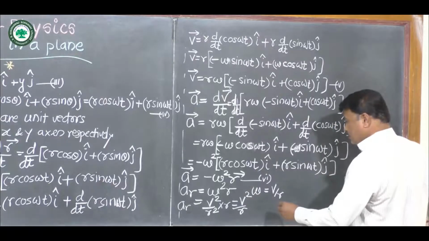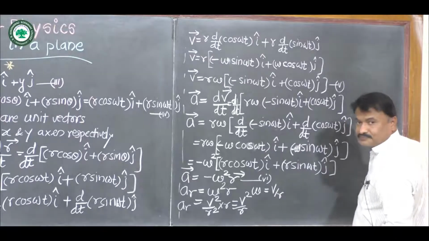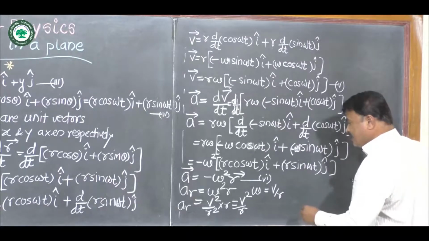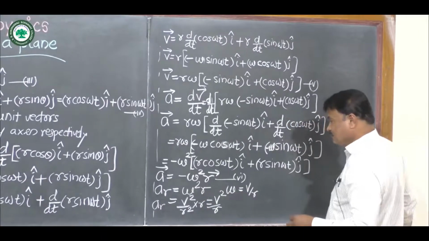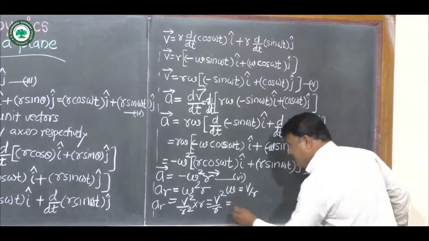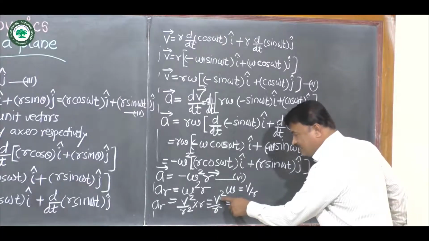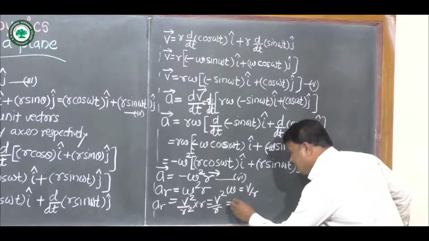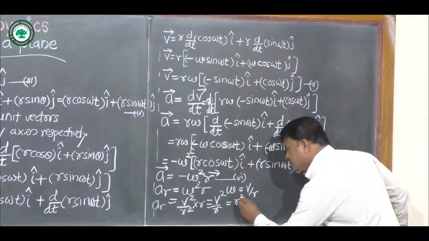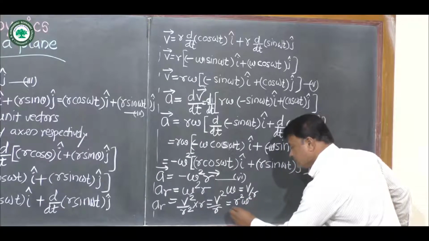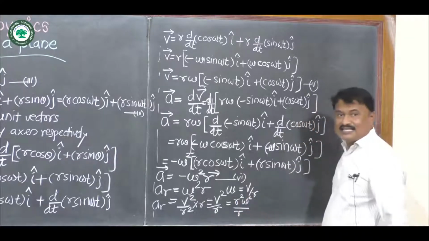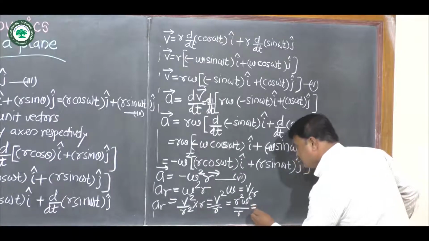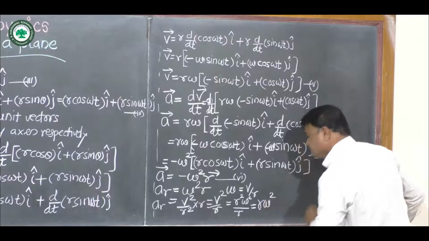Now if we substitute V is equal to R omega, then we get R square omega square upon R. Now R gets cancelled, so we write R into omega square.